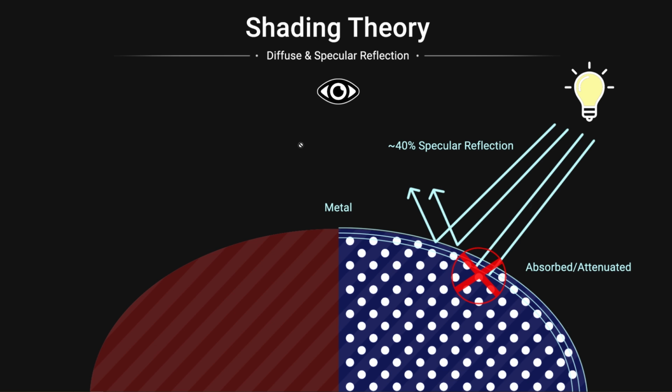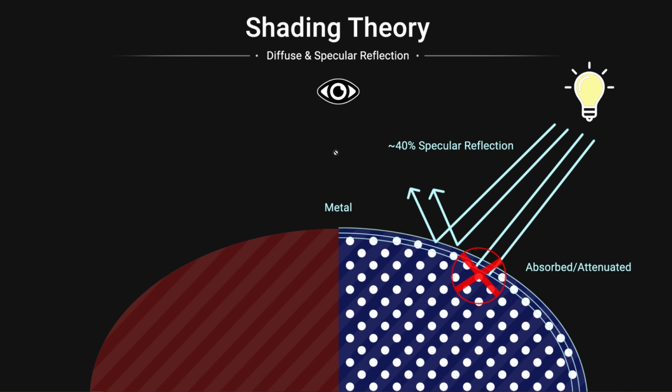And so we're going to get into IOR here, which is index of refraction, in a little bit, but just know in general that the more dense your atoms are, usually that correlates with a higher IOR value. And so as we'll see here shortly in Houdini, as you increase the IOR, you increase the amount of specular reflection as well. But anyway, I'll get more into that here in a minute.